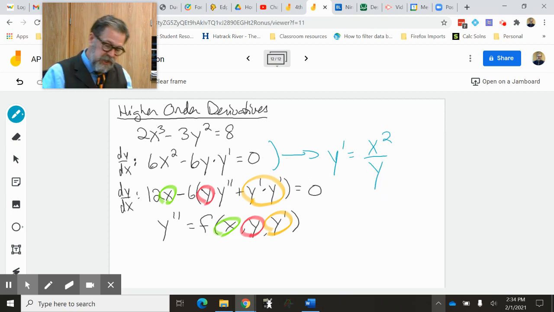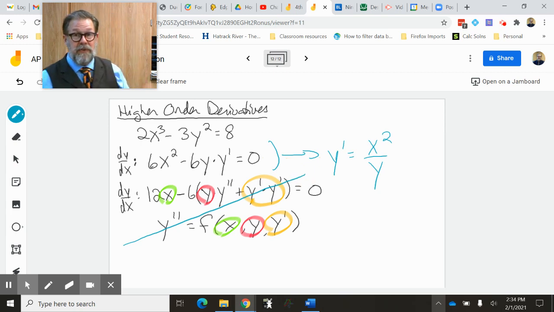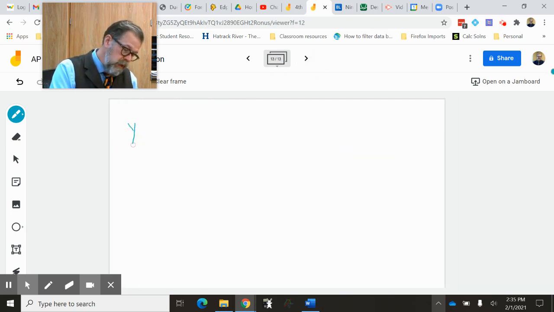So instead of getting the second derivative as a function of the first derivative, meaning I have to continually work with two equations to calculate that first derivative in order to find the second derivative, I'm just going to find the derivative of that. It's still implicit, but it's quotient rule. So here we go. The first derivative is x squared over y.